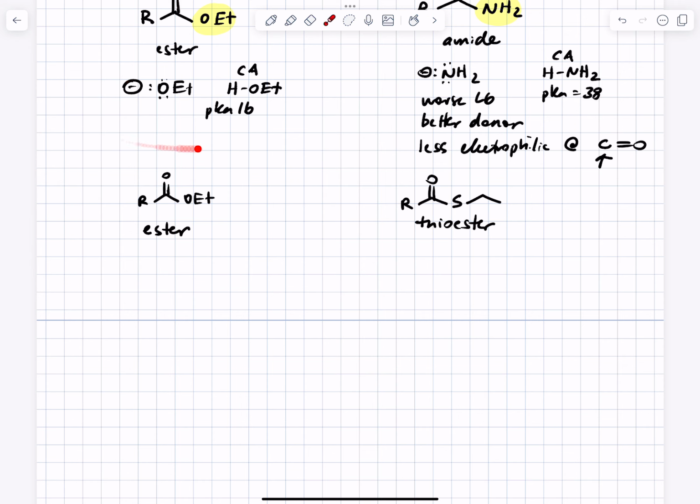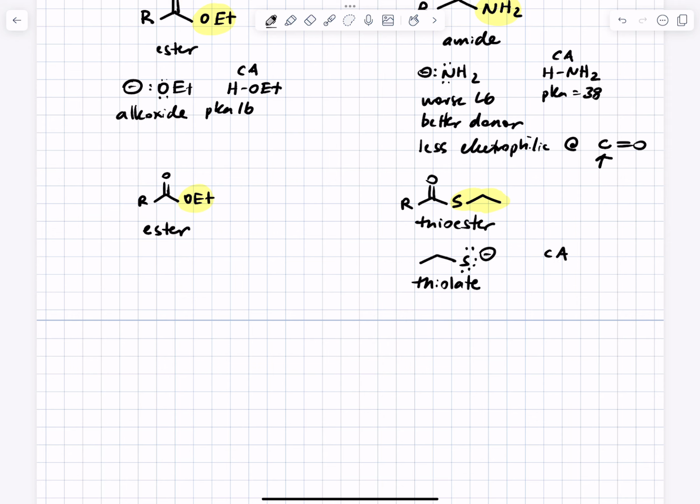Again, we don't need to repeat this stuff about what the leaving group is for the ester. For the thioester, the leaving group is RS minus. That's called a thiolate. That's the sulfur version of the alkoxide leaving group that we've got up here.